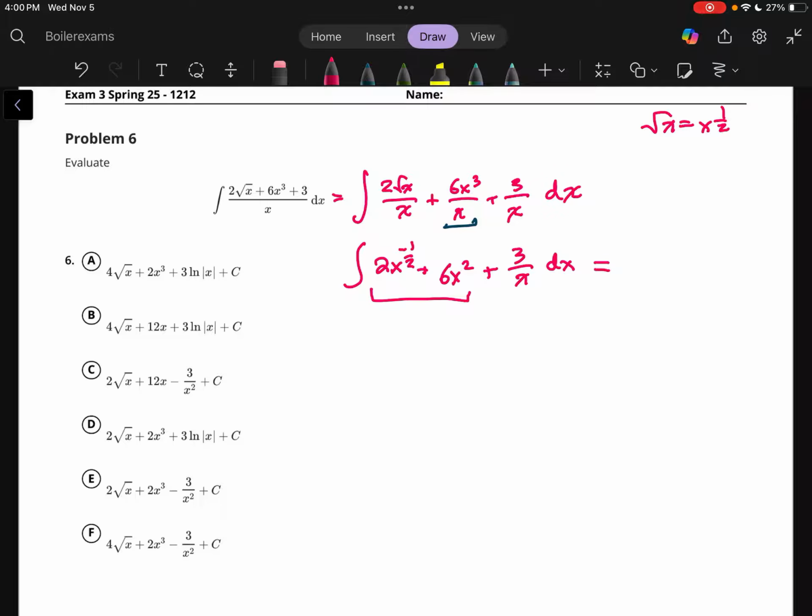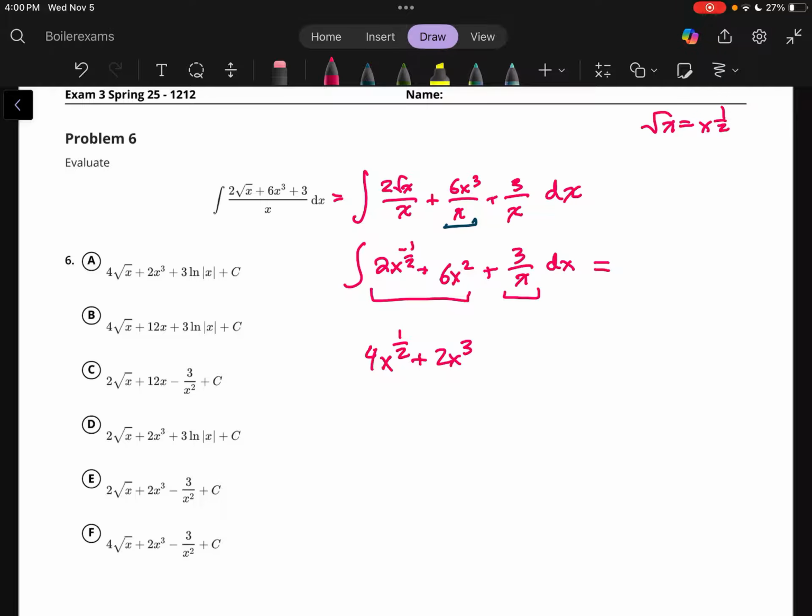The first term simplifies to 4 times x to the power of 1/2. If you want to double check that you're correct, you can always apply the power rule again, or derive again, to make sure you get the right expression. The antiderivative of 6x squared is 2x cubed.